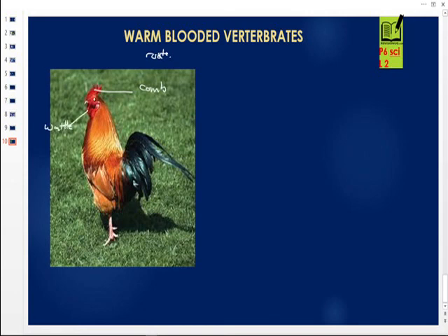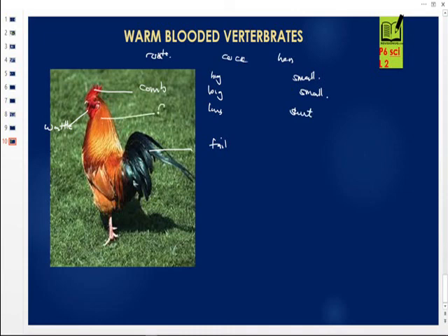The difference between a cock and a hen is that the cock's comb is big, and for the hen the comb is just small. The cock has a big wattle, whereas the hen has a small wattle. Now this one is a tail. A cock has a long tail, whereas a hen has a short tail.